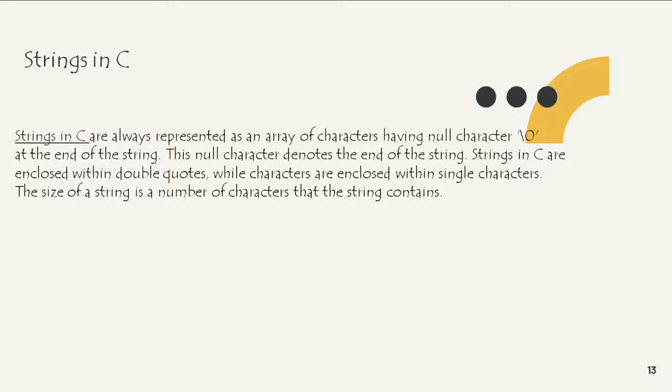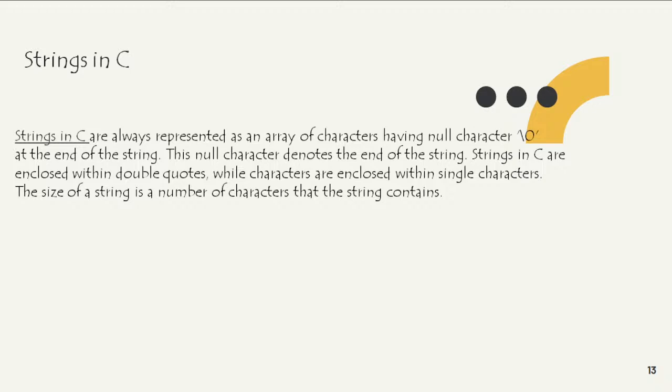And remember, in C programming language, strings are always enclosed within double quotations, whereas characters are enclosed in single quotations. And if we want to find out the length or size of a string, that is nothing but the number of characters used to frame the string.